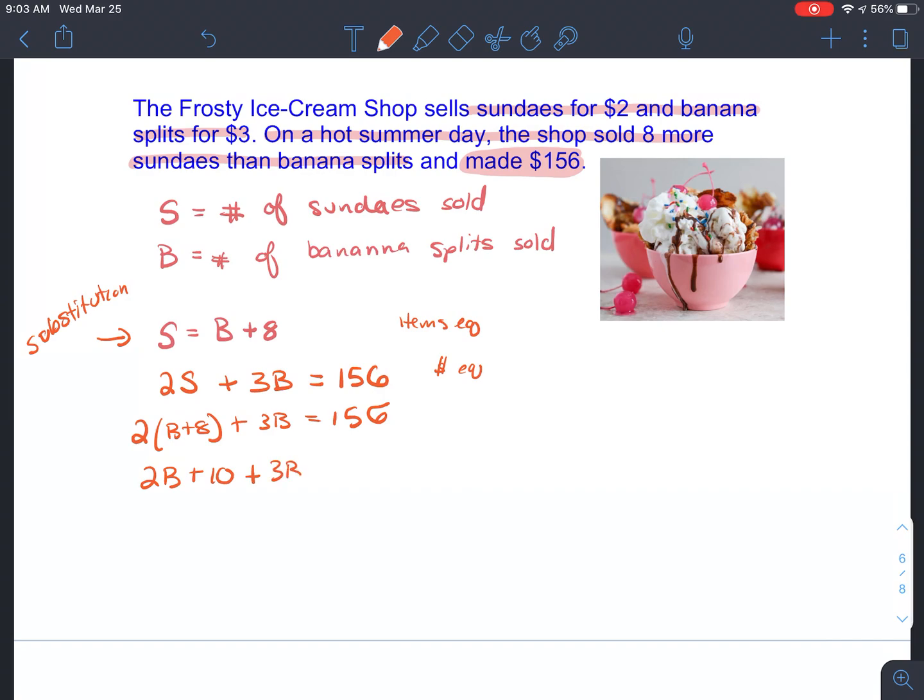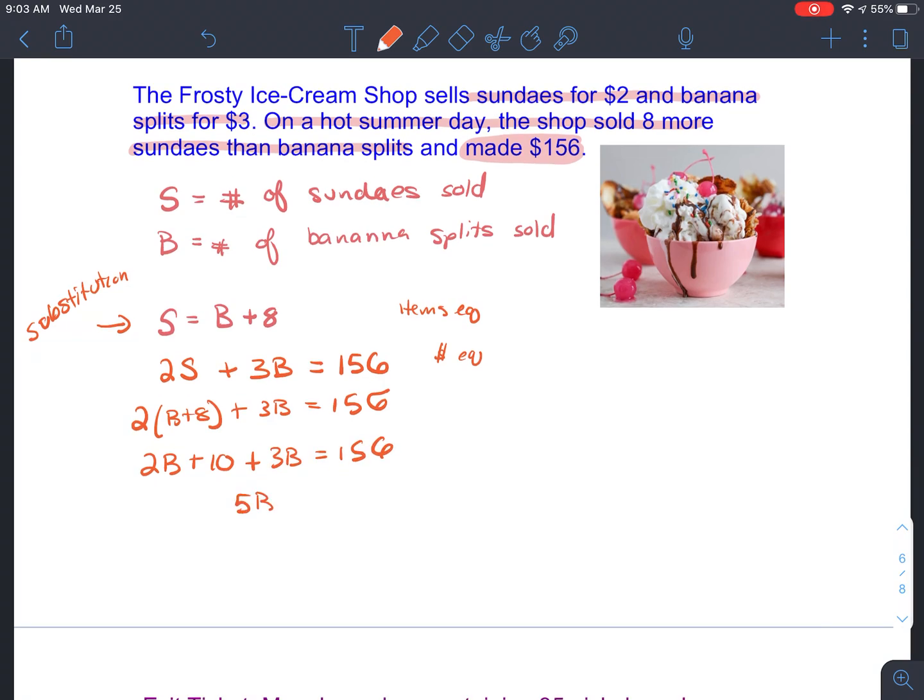So 2B plus 10 plus 3B is equal to 156. 5B plus 10 is equal, I apologize, not 10, 16, because I distributed. 156 minus 16. 5B is equal to 140 divided by 5.